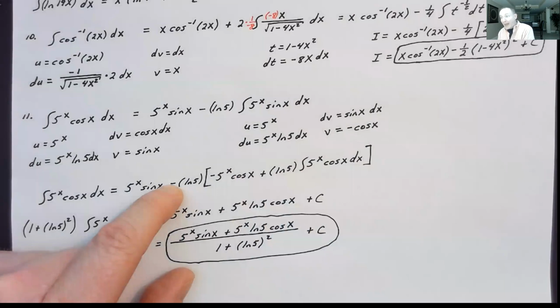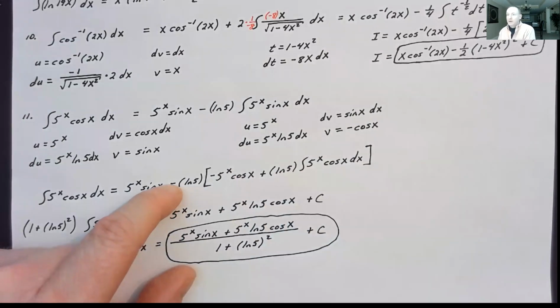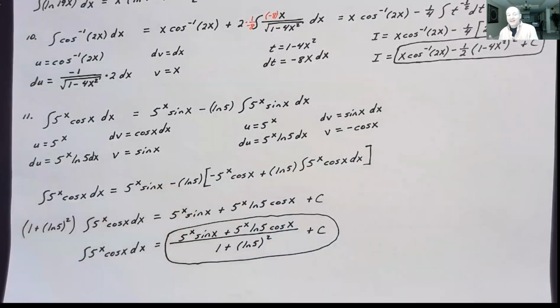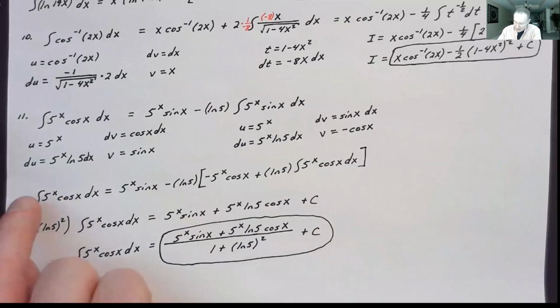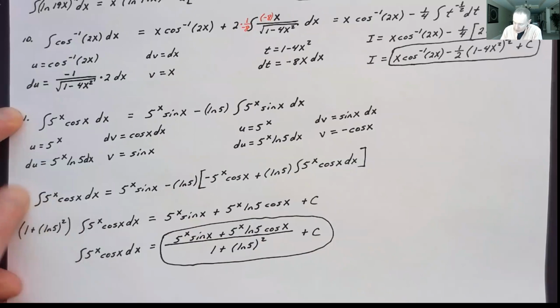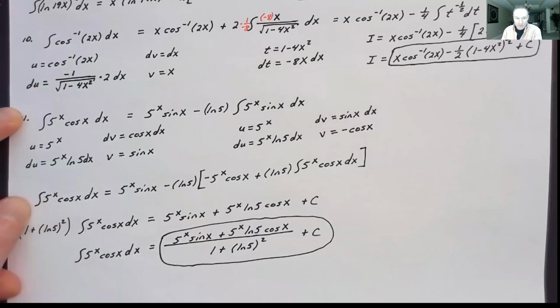Then I need to add the natural log of 5 quantity squared to both sides. I did that. That's what happened from here to here. You've got to understand, I already had an understood coefficient of 1 in front of it on this side.